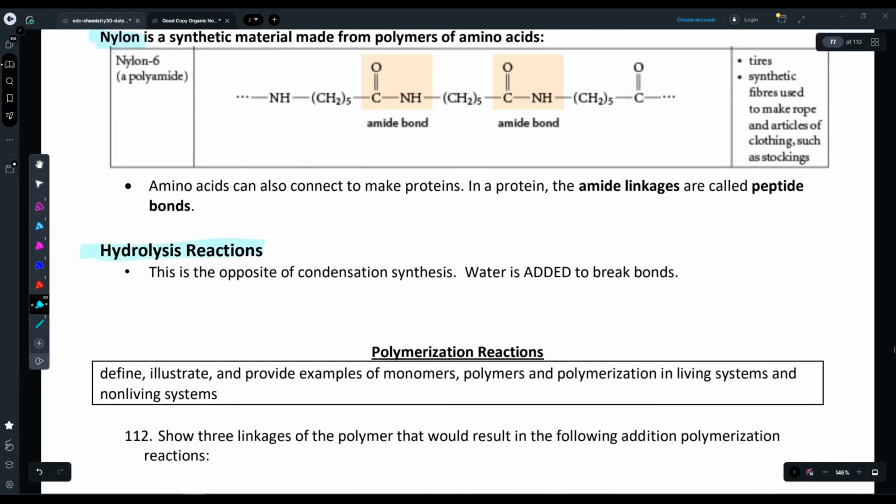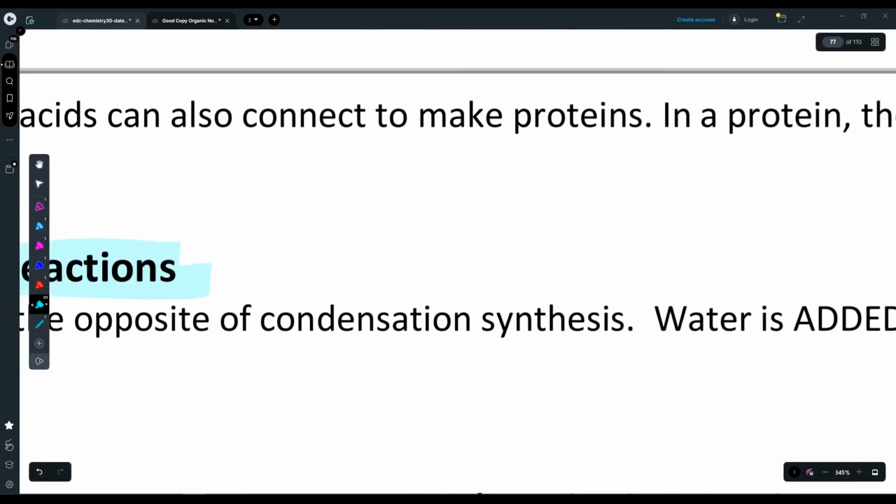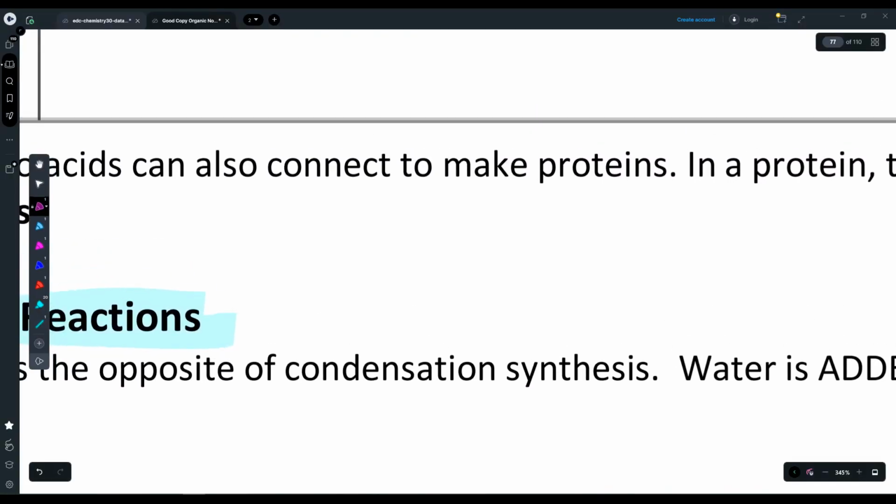Okay. Hydrolysis reactions. They're effectively the opposite of condensation synthesis. So what is condensation synthesis? Basically, you're producing some product, and we know for sure that water is going to be one of our products.